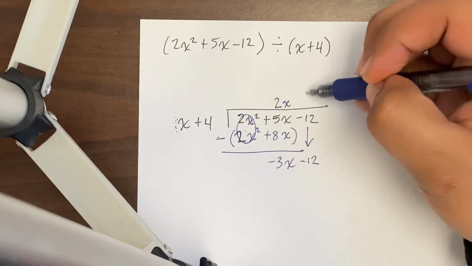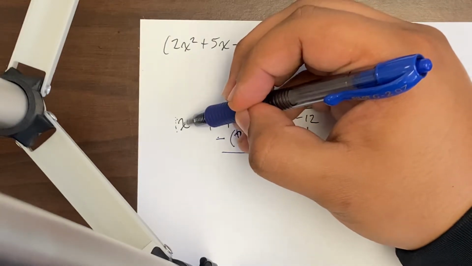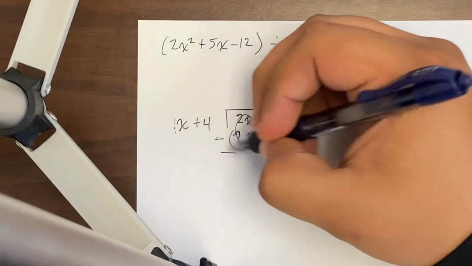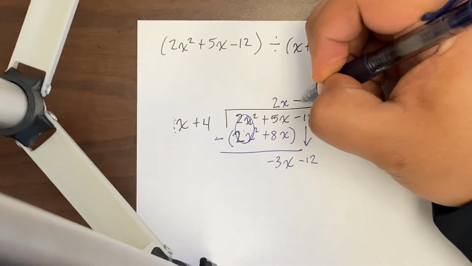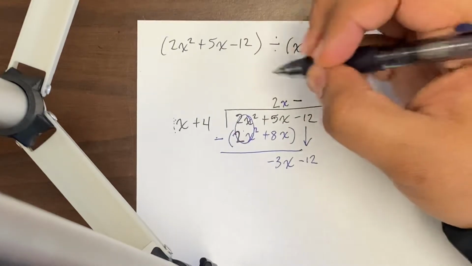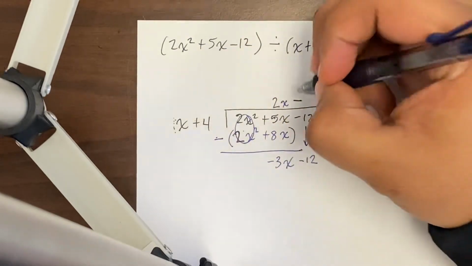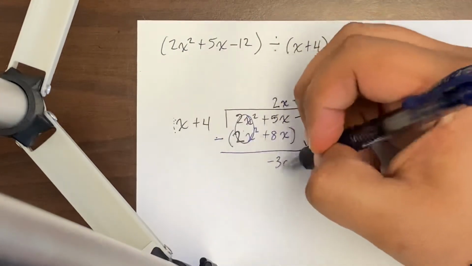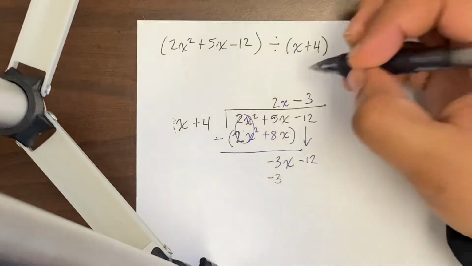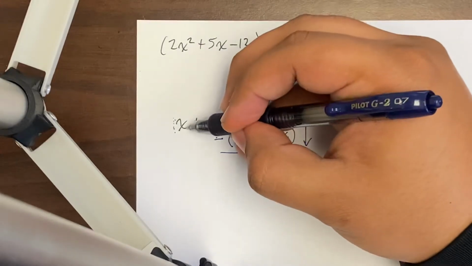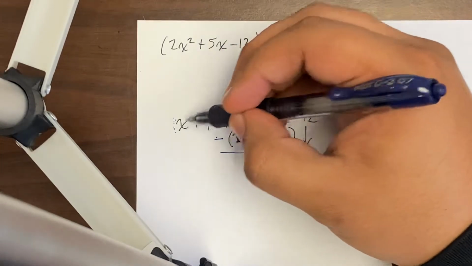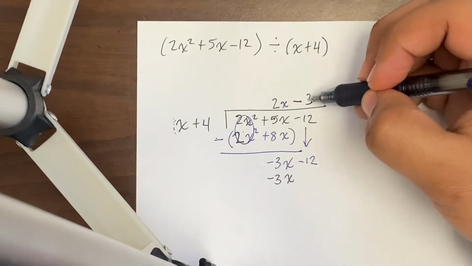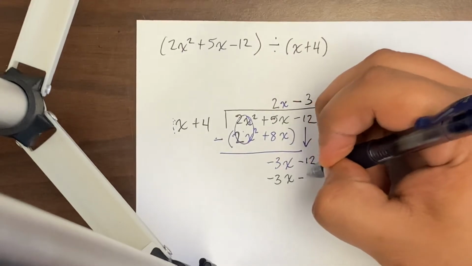Now I need to use a number to multiply to 1x to give me negative 3x. Well, to make it negative, I need to multiply by a negative number, and something times 1 gives me 3. Hopefully you're saying 3 to yourself. Negative 3 times 1 gives me that negative 3. I don't need an x here because there's already an x right here. So negative 3 times x gives me that x that I need. Next, negative 3 times 4 does give me that negative 12.